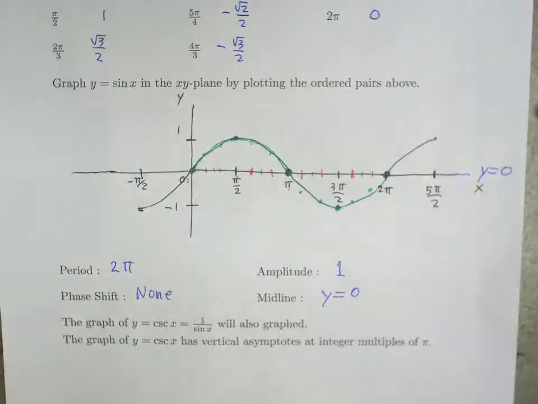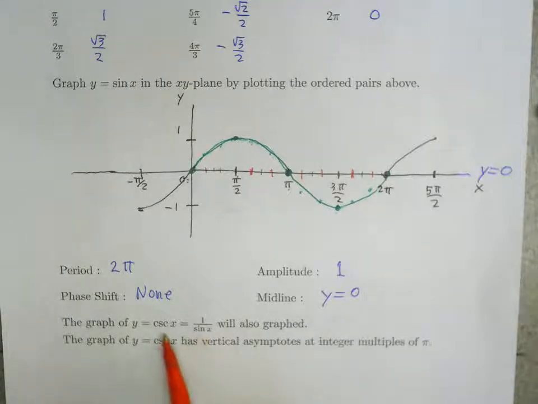Okay, I'm going to use this graph to show you how to graph the reciprocal of sine. So the graph of y equals cosecant of x, which is 1 over sine of x. Just like in college algebra, if you remember, you had vertical asymptotes for some functions.